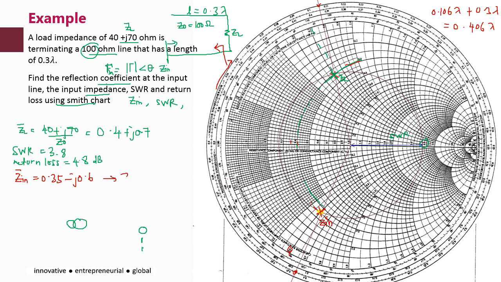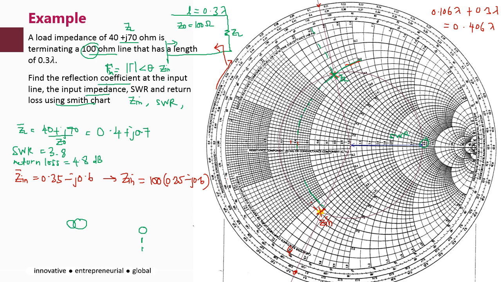So your real Zin value will be your Z0, 100 ohm, multiplied by 0.35 minus j0.6. So you get your Zin value, and then the reflection coefficient at the input line.